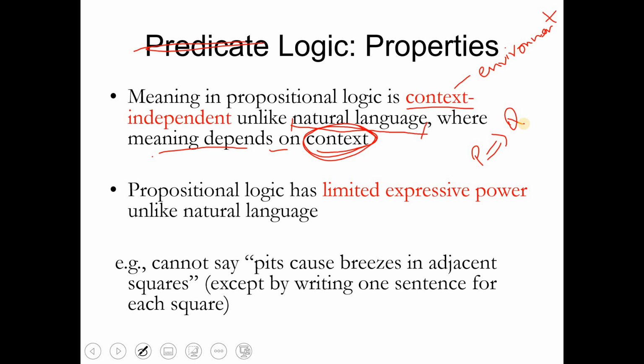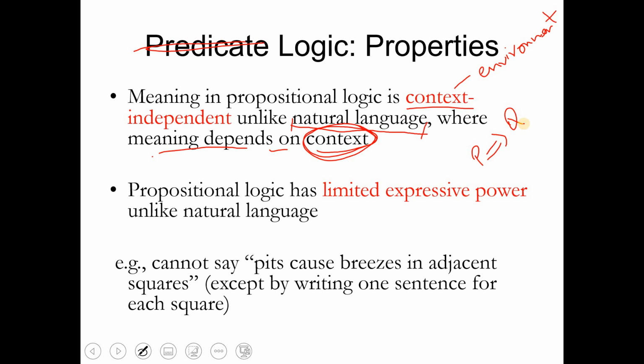Now this is a very, very important thing. Languages, especially these languages that are representing the data, the knowledge related to AI, should not depend on any type of context or surrounding information.